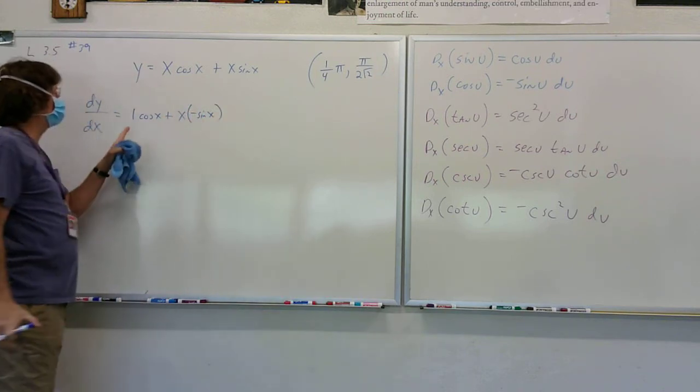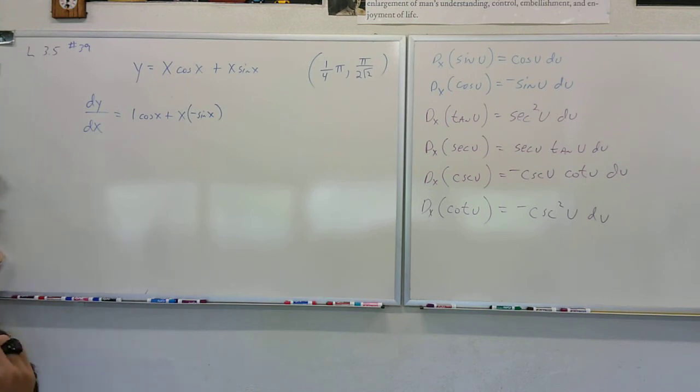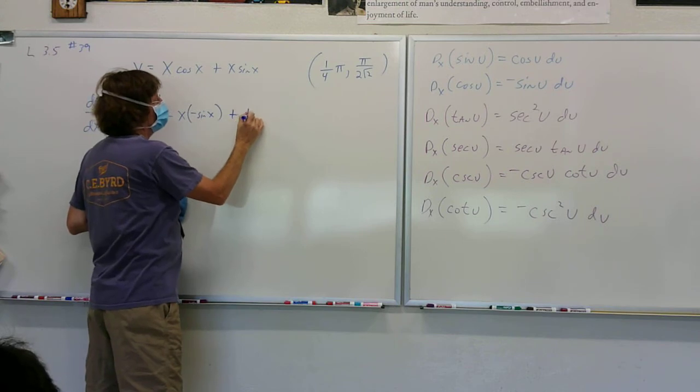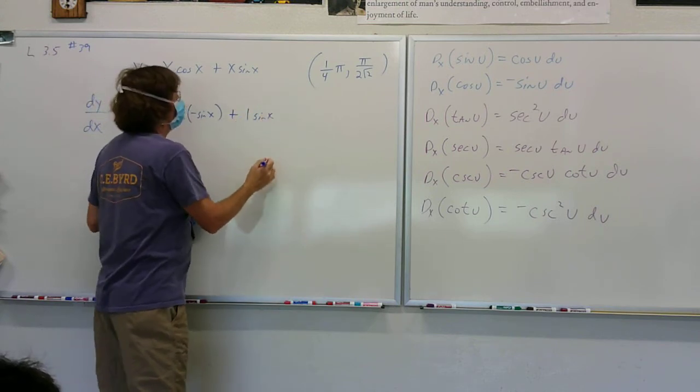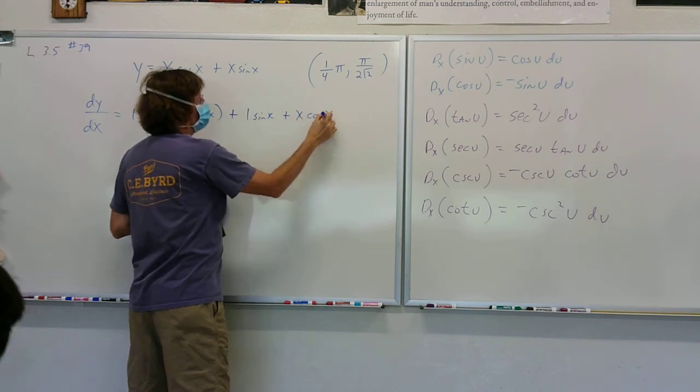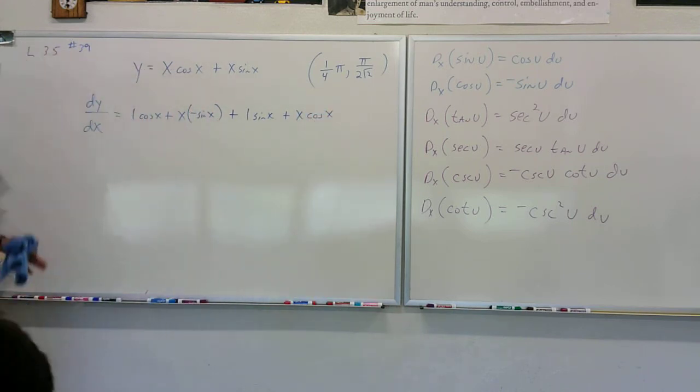Now, someone says, do you really have to write that 1 in there? No. But when I'm working it on the board, I got to remember that I actually took the derivative of the first term. Plus, derivative of that x is 1, sine x, plus x times derivative of sine x, which is what? Cosine x. And I'm hoping something subtracted out or something.